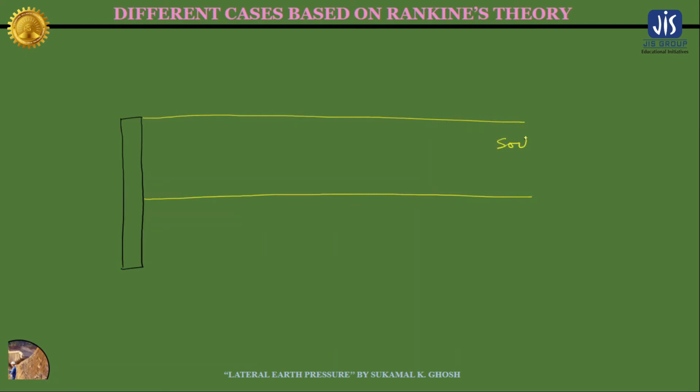Now this is the pressure distribution diagram for soil layer 1, and this value is Pa1, which equals Ka1 into gamma 1 into H1.